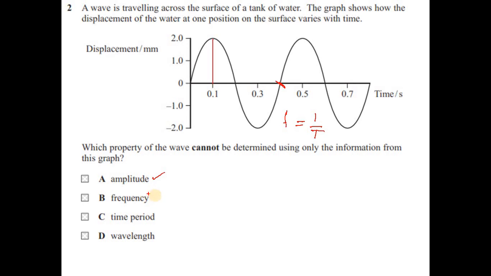So frequency can be found. Time period, of course, this is the time period of one wave. Indeed, we cannot find the wavelength from this information or from this graph. So wavelength cannot be determined using this information. So the option is D.